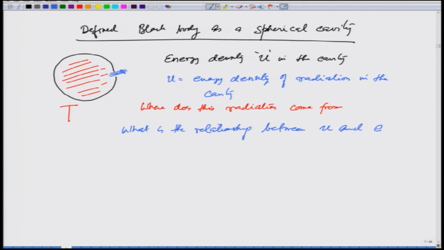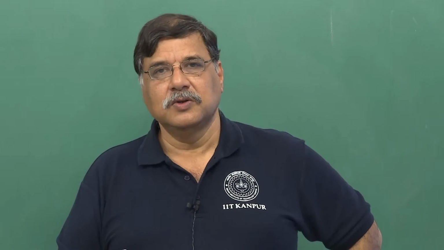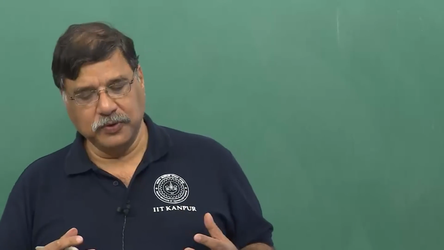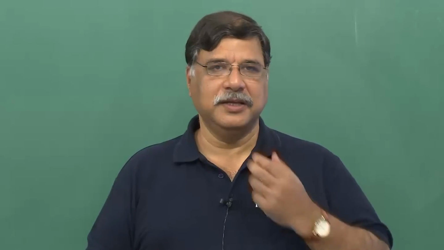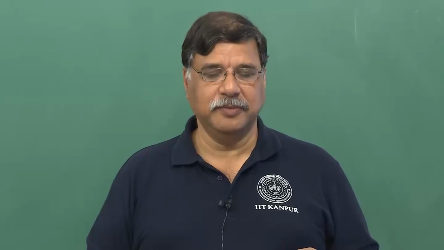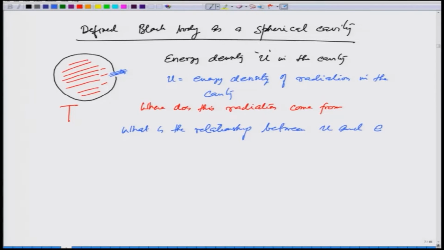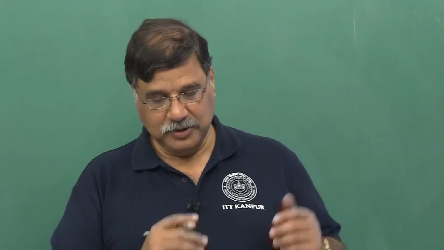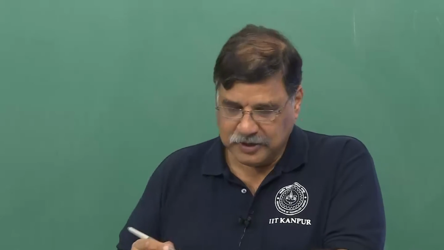Slowly we will build up that the emissive power depends on U, and finally studying U is as good as studying the emissive power if you want to understand the radiation coming out of the cavity, and U would be related to oscillators that are emitting energy inside the cavity. So, we want to relate all these quantities. Let us find this relationship.